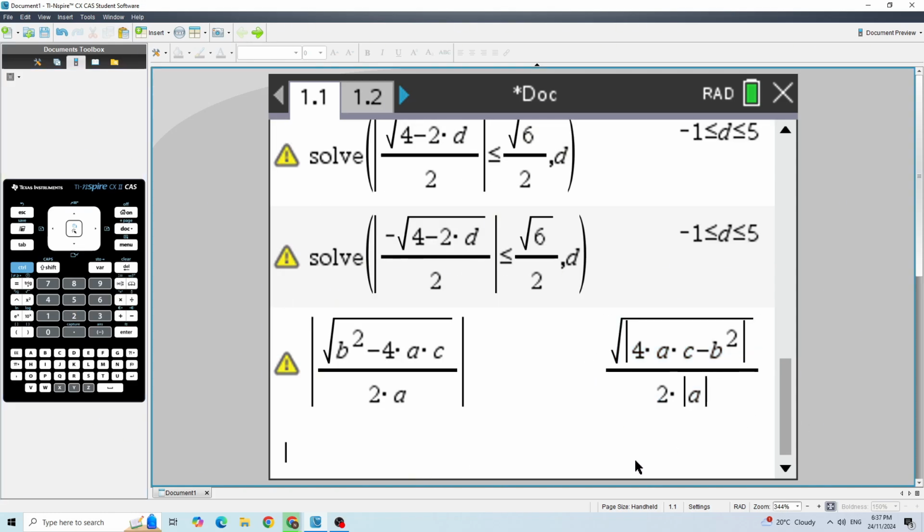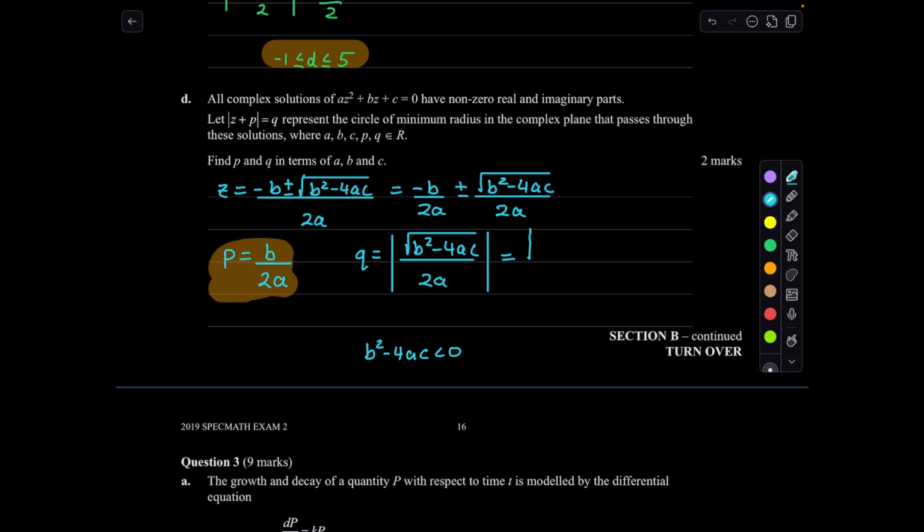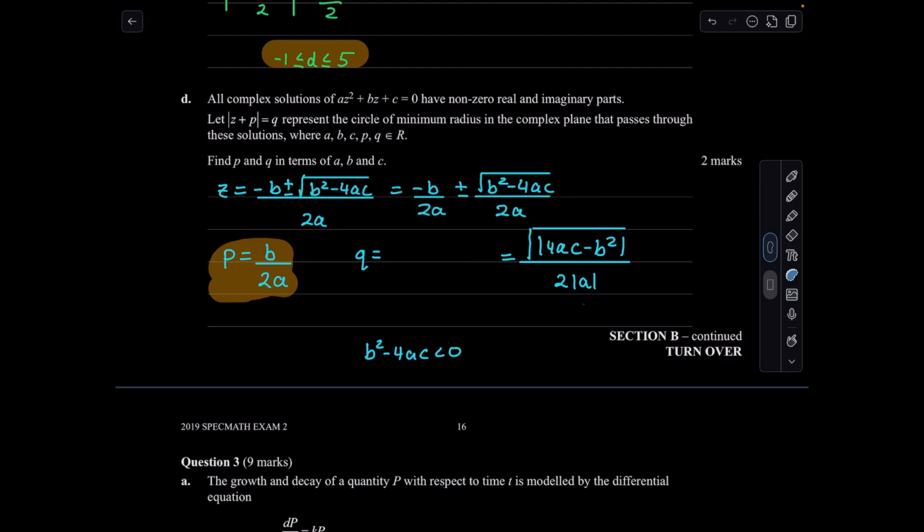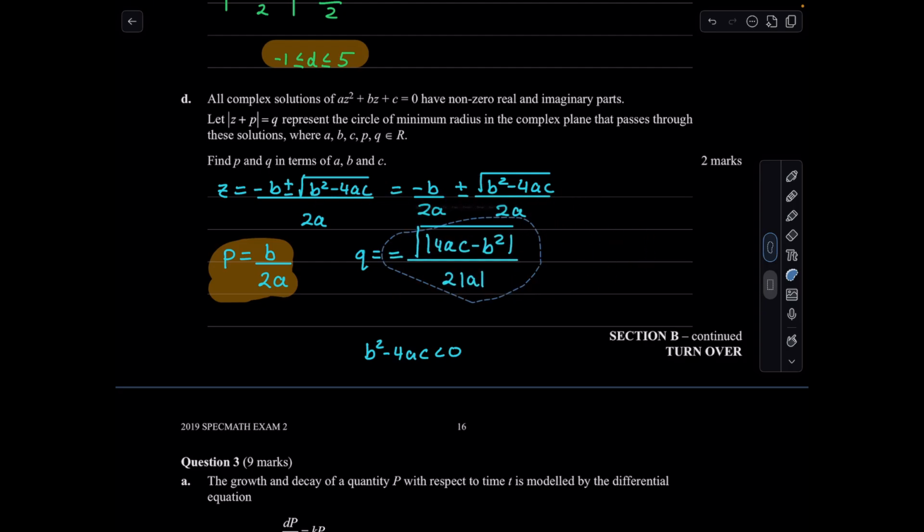So let's write that down: the absolute value of this whole expression, which is the square root of 4ac minus b squared, absolute value, over the absolute value of a. Okay, so we've simplified it to that. So I can rub this part out and come back to this one here. All right, so this is what our q value is.